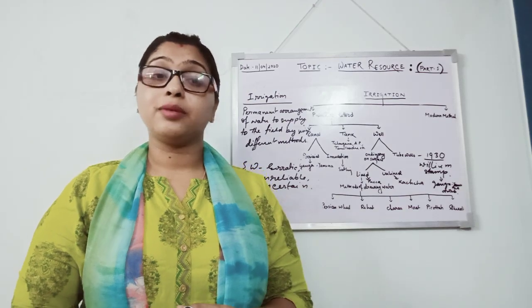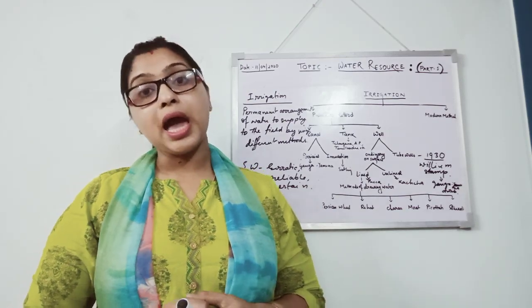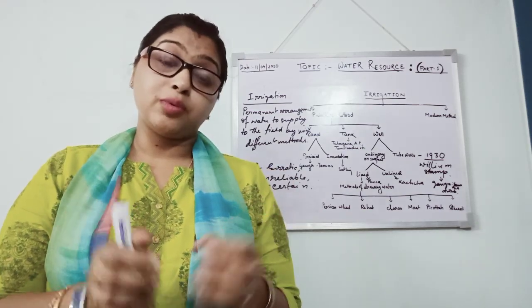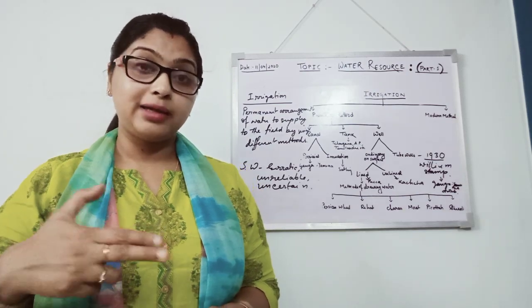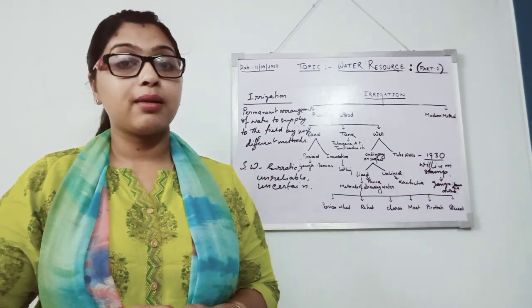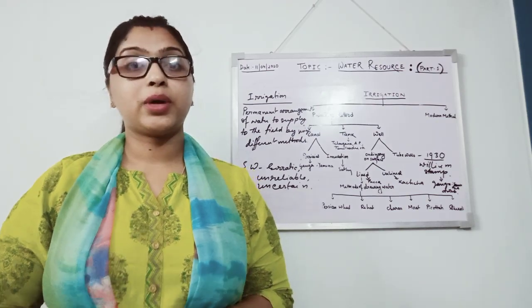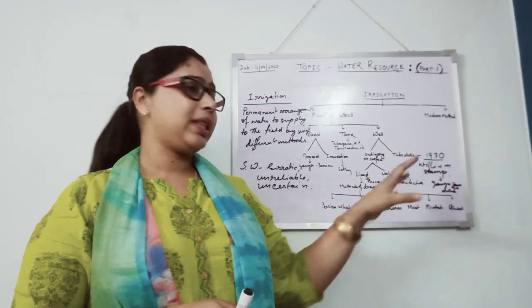We are getting good quality, fresh water with some minerals, which, as I already said, increase the fertility of the soil, and there is no chance of pollution. Okay, but some problems we can also see.